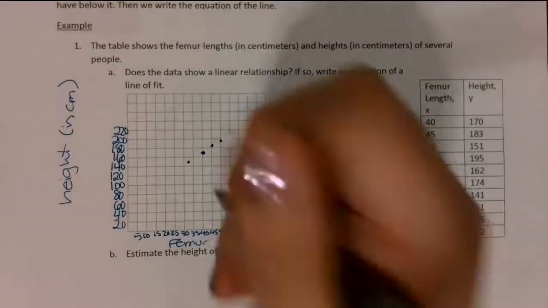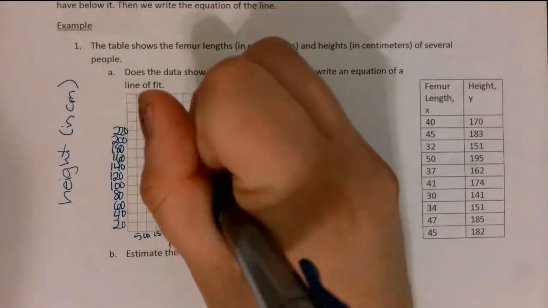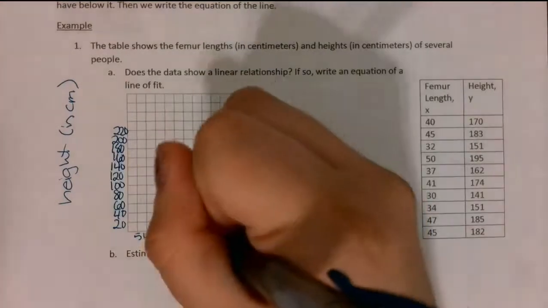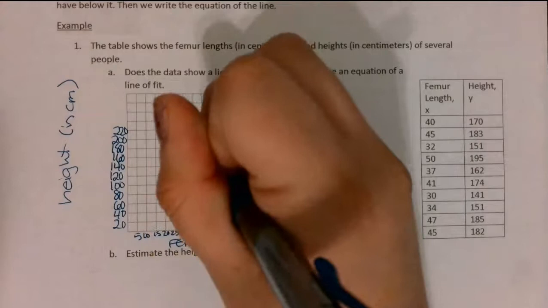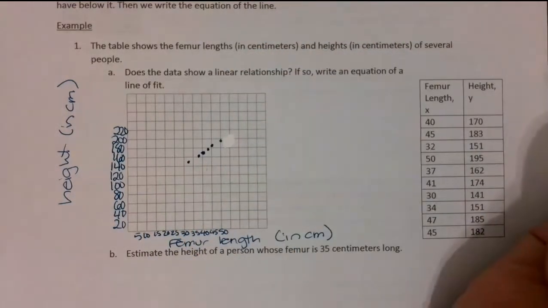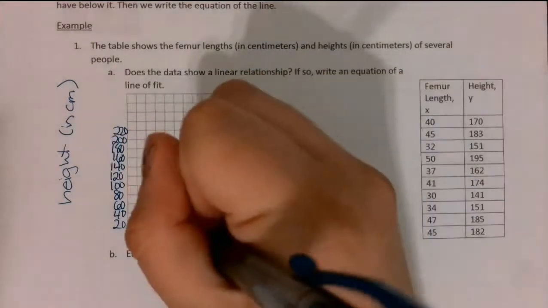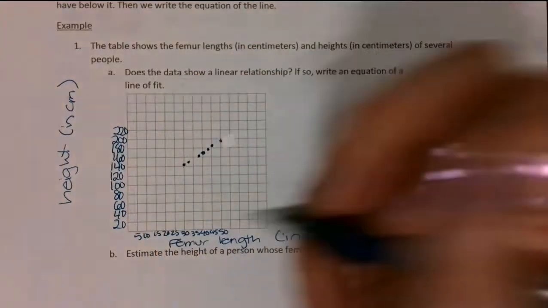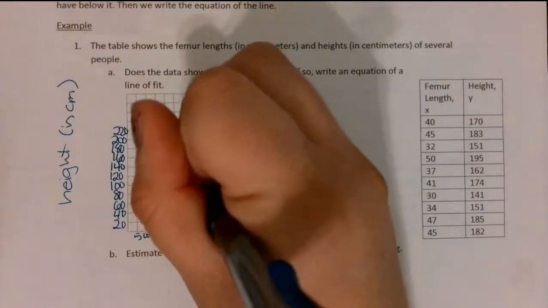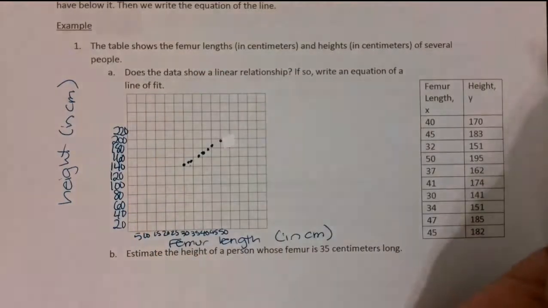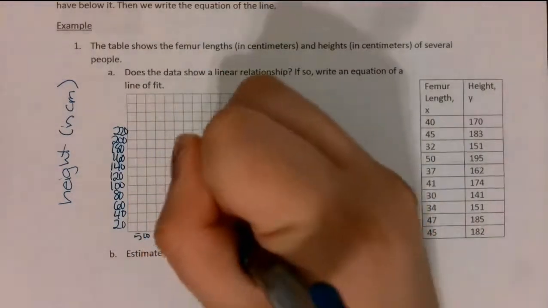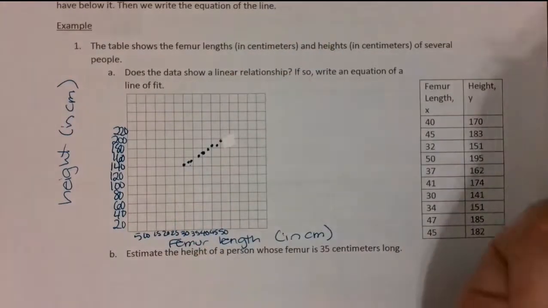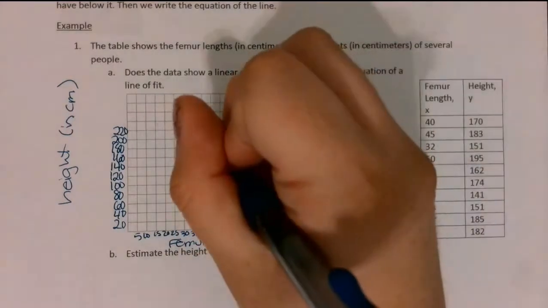I have 37, 162. I have 41, 174. I have 30, 141. I have 34, 151. I have 47, 185. And I have 45, 182.